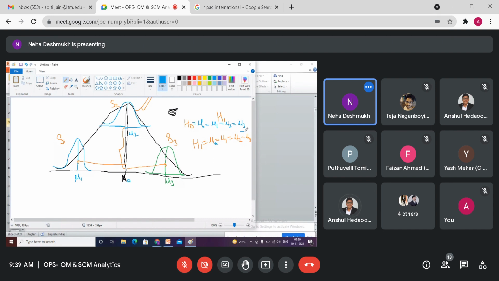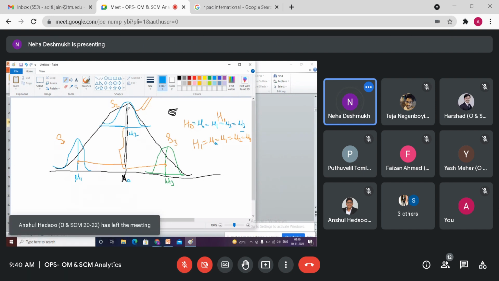So again, two terminologies are there: variation between the variables, and variation within the variable. Variation between the variables means this one, difference between mu 0 to mu 1, mu 2, mu 3.